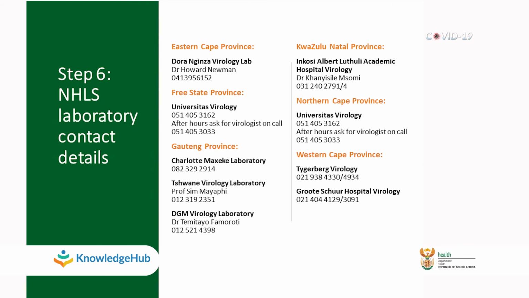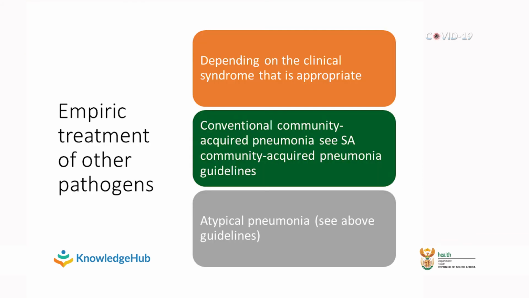The number is there. Now, for patients that you keep in the hospital or you send home, you might need to provide empiric treatment. It depends on the clinical syndrome that is appropriate as per the doctor's assessment. Sometimes it could be labeled as a conventional community acquired pneumonia or typical pneumonia.